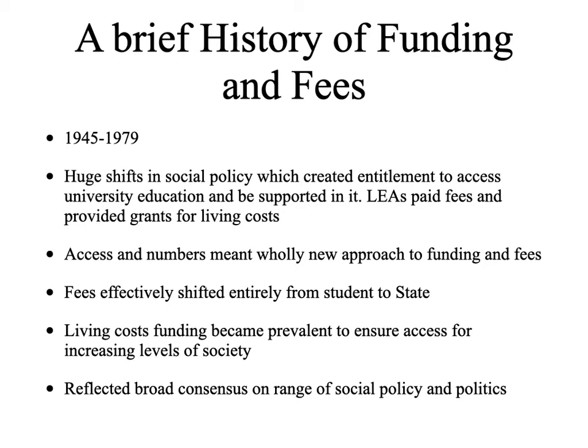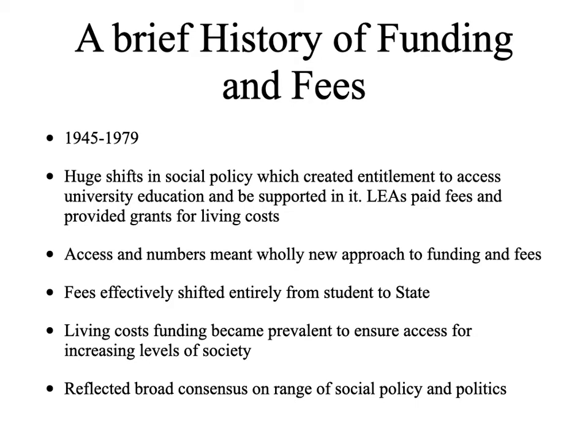Local education authorities, LEAs, paid the fees to the universities and also in many cases provided grants for living costs. And that increased access and the greatly increased numbers meant there was a wholly new approach needed to funding and fees.